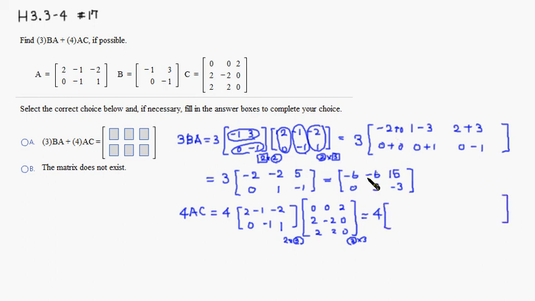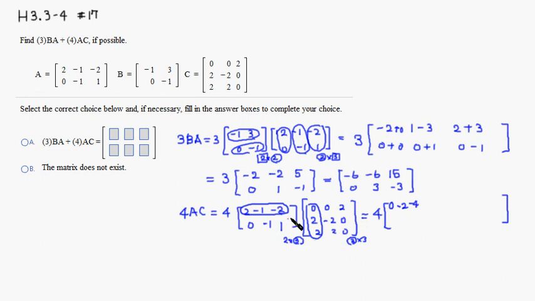All right? Let's do that. We do our first row with the first column: 2 times 0 is 0, and negative 1 times 2 is negative 2, and negative 2 times positive 2 is negative 4.